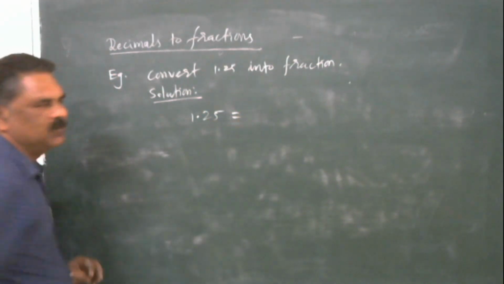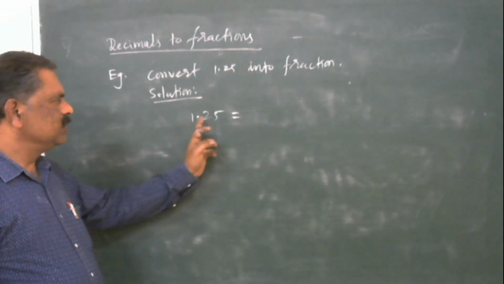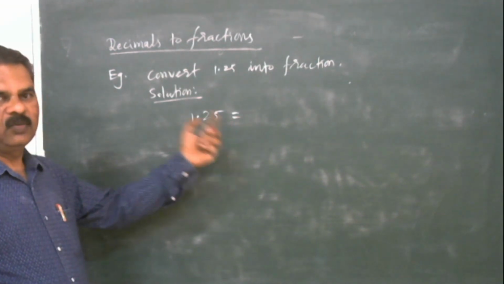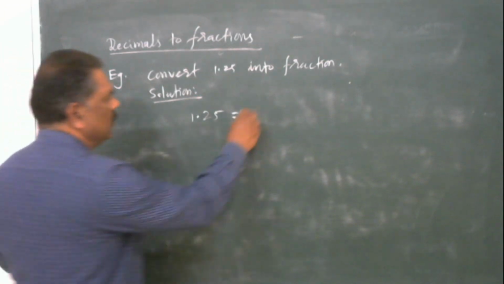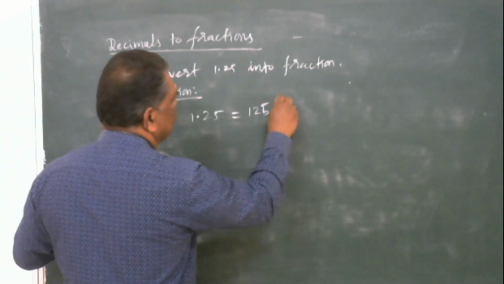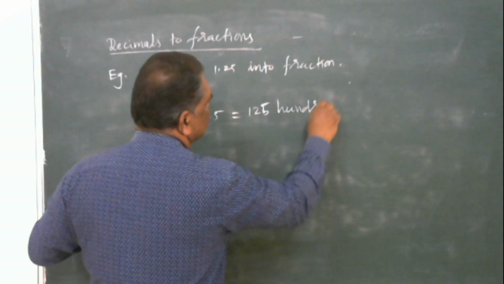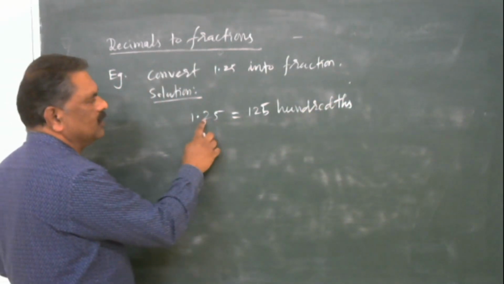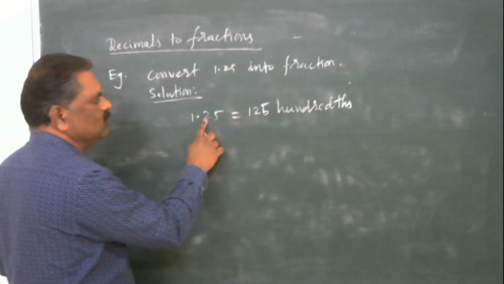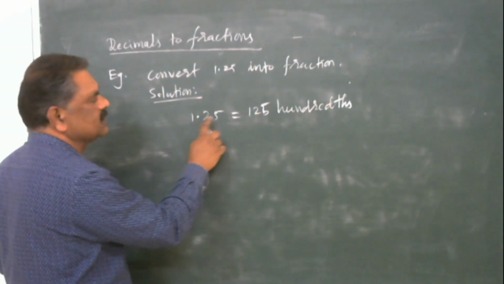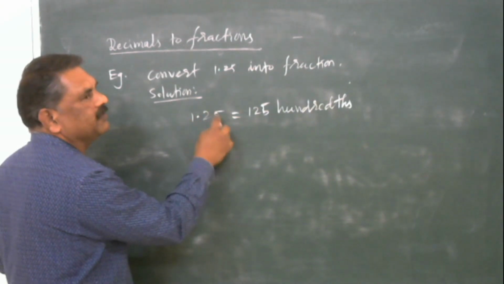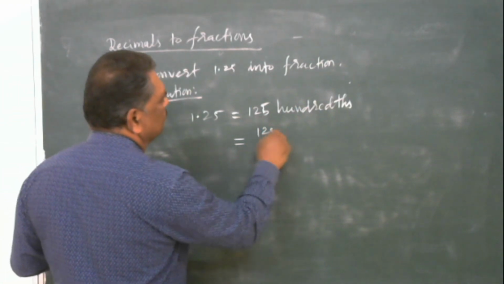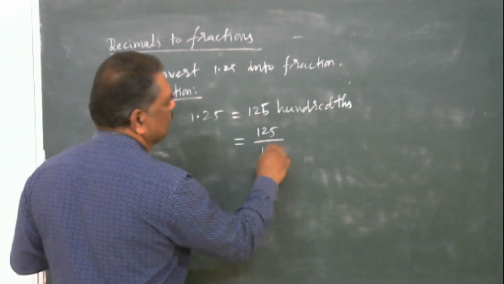1.25 is equal to 1 unit, 2 tenths, 5 hundredths, all together 125 hundredths. See, 1 unit is equal to 100 hundredths, 2 tenths is equal to 20 hundredths, 5 hundredths, 125 all together. 125 hundredths is equal to 125 divided by 100.